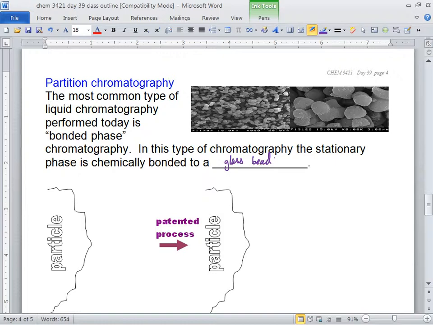Okay, so what's glass? What elements are contained in glass, like in the window? Silicon and a lot of oxygen. So you've got the silicon oxygen thing going on here, right? So I'm just drawing.